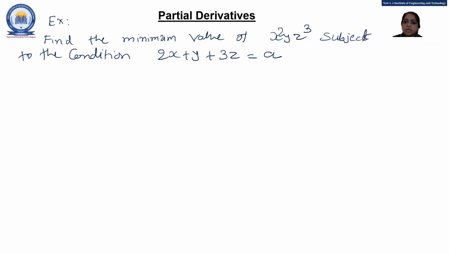So this is our given function, x square y z cube, and this is our condition. Let's start the solution.